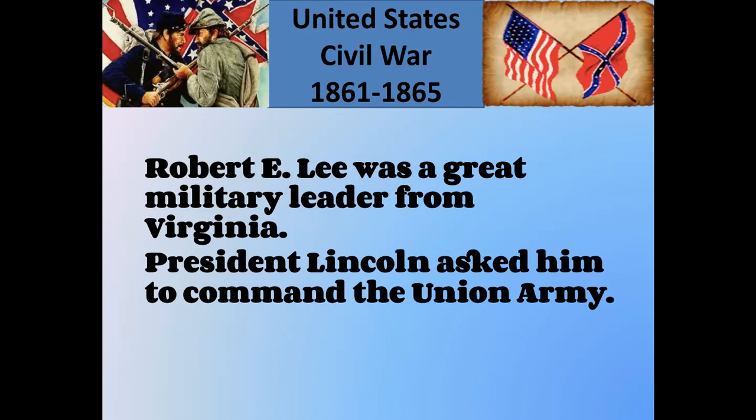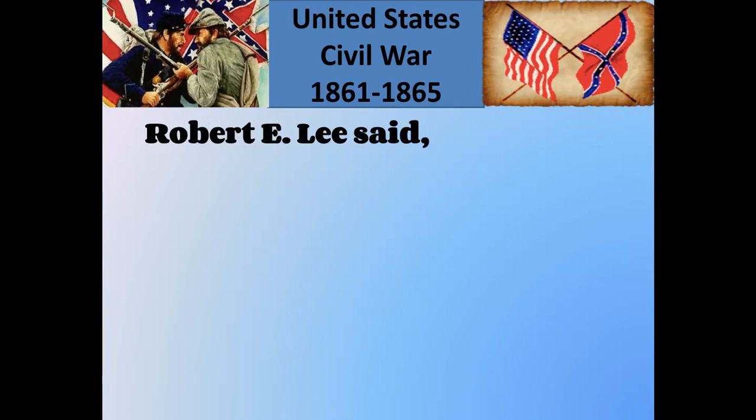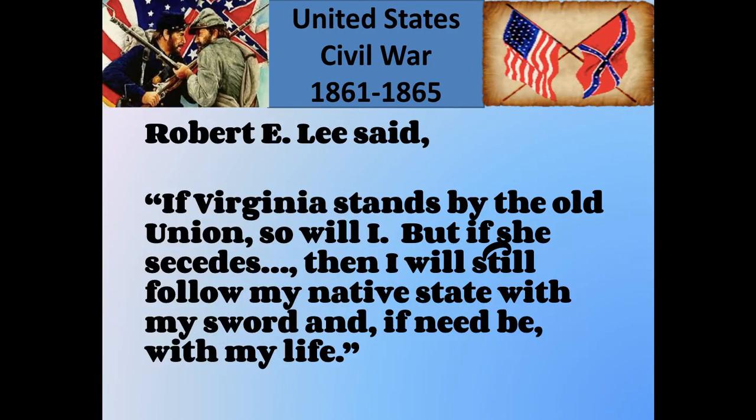A very important name in the war is that of Robert E. Lee. He was a military leader for the United States for many years, and he was from Virginia. President Lincoln asked him at the very beginning of the war to command the Union Army, the United States Army. Before Virginia decided what to do, Robert E. Lee said, "If Virginia stands by the old Union, so will I. But if she secedes, then I will follow my native state with my sword, and if need be, my life."